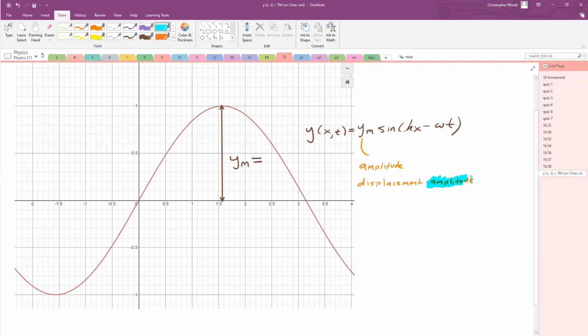So in chapter 15, we had something known as velocity amplitude, which referred to the peak velocity. And we also had something known as acceleration amplitude, which is the peak acceleration. So again, that word amplitude refers to the peak value.